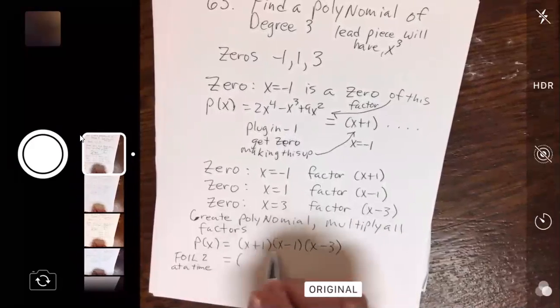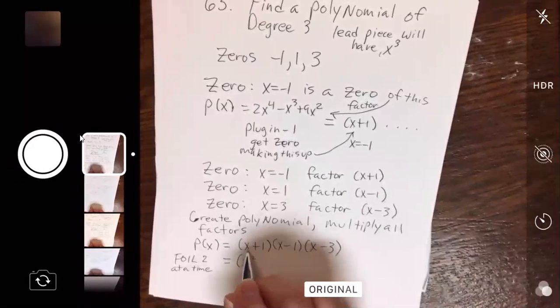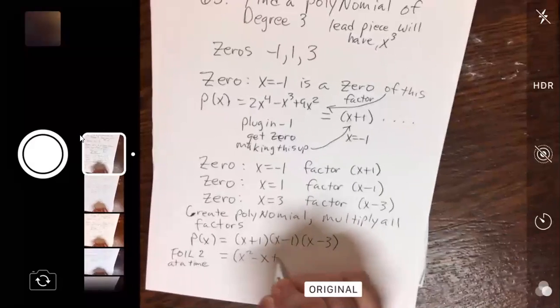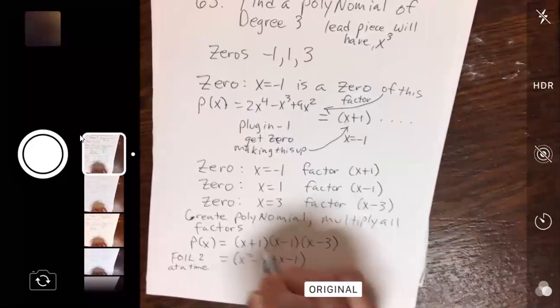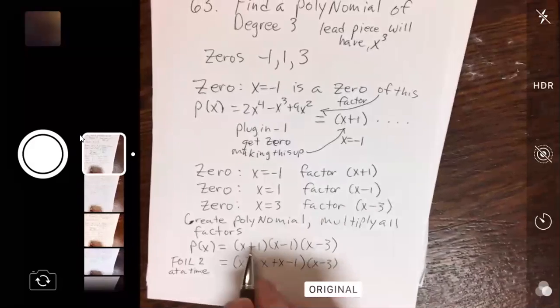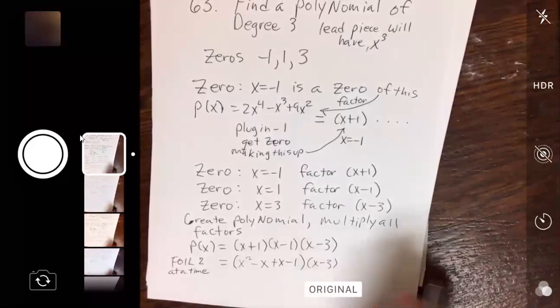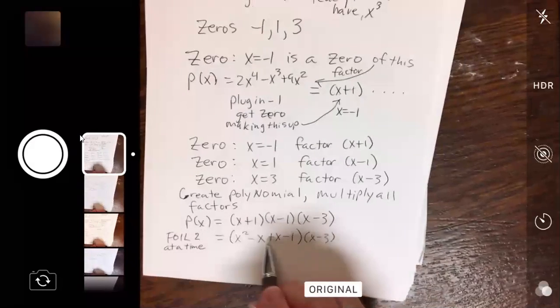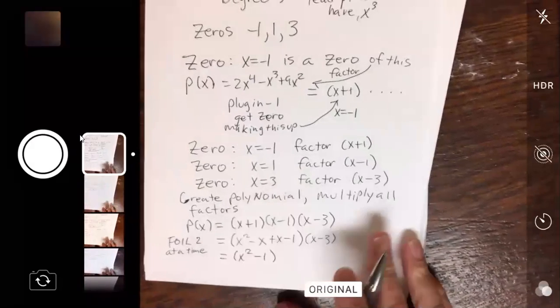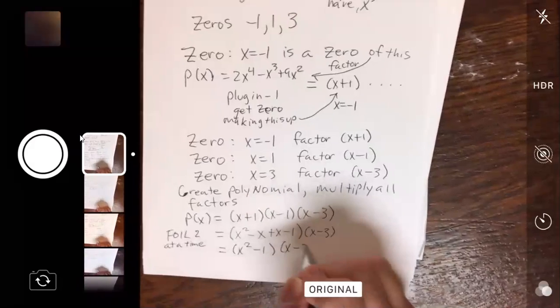You're going to get x squared minus x, that's round 1, plus x minus 1, that's round 2. Hold your x minus 3. There's no scheme to go all the way through all 3 at once. Now your x's here are going to cancel, leaving you x squared minus 1 and x minus 3.